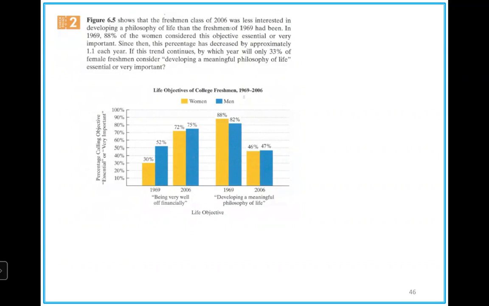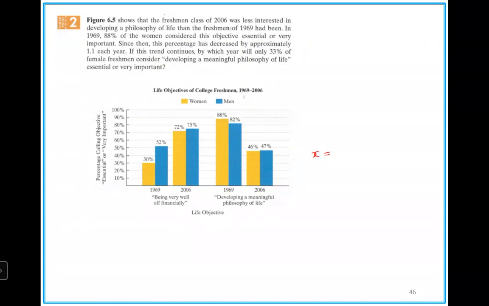And we want to find out when it will get to 33%. That point we're trying to find out, we could let be x.